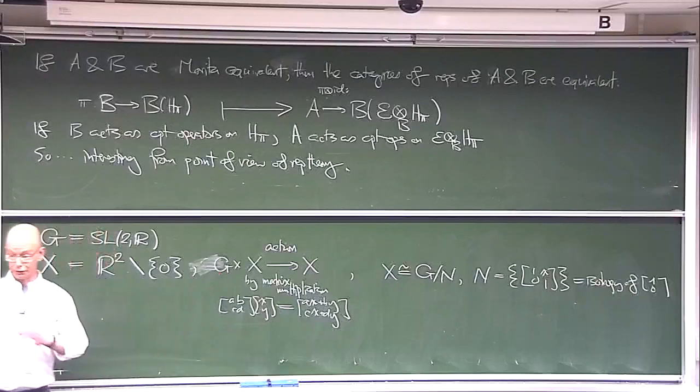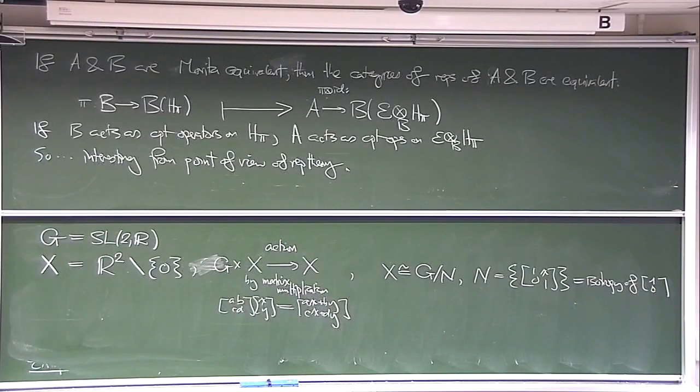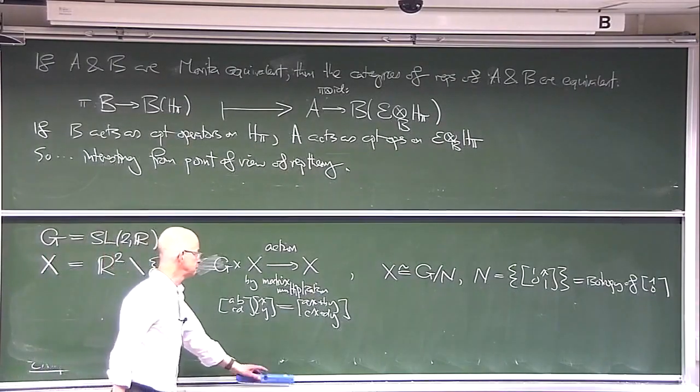And the action is transitive. You can always send any vector to any other vector by an SL2 matrix, as long as the vectors are non-zero. Very easy stuff.